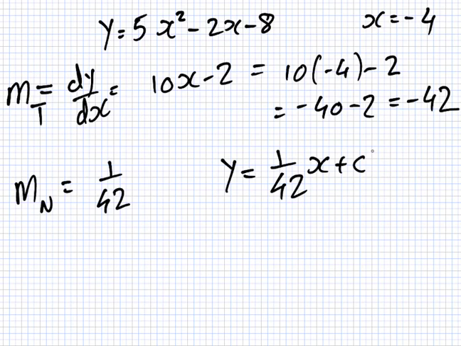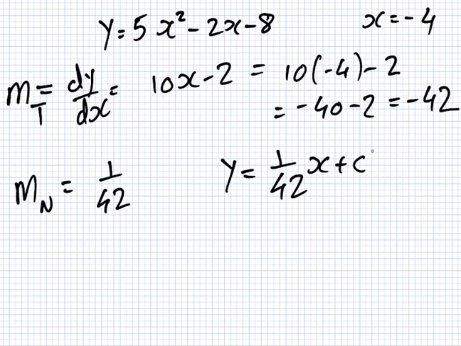Okay, so I want to find the c. So I need to put in a point. And this usually catches people out. What do I put in for x and y? What's x? Minus 4. And what's y? No. Caught you. Very good.